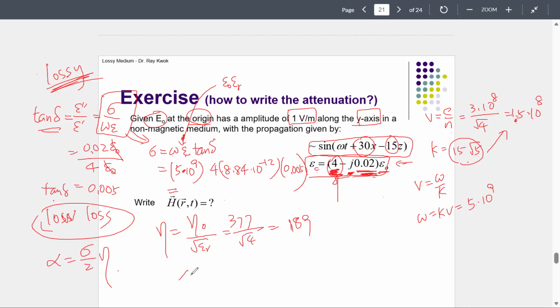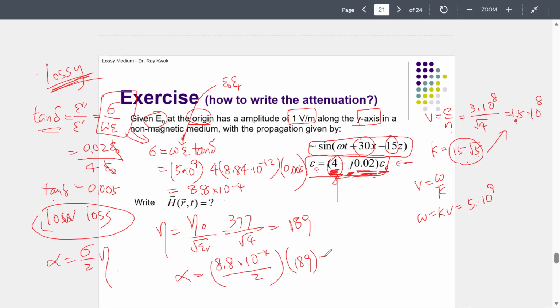Right, so alpha is, what is it? Across the second row, I got 8.85, 7 minus 3, times 10 to what? Minus 4. Okay, so alpha is equal to 8.8 times 10 to the minus 4 divided by 2 times 189.